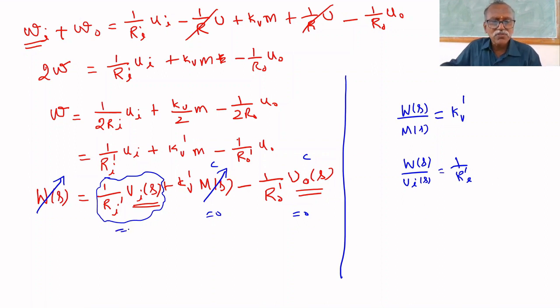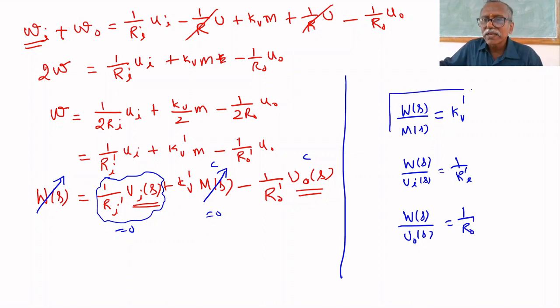Similarly, if you assume this also equal to 0 and this can be considered as changes, what you will get is W of S upon U naught of S equal to 1 by R naught dash. So this is the mathematical model. If you consider the manipulated variable M, this is the mathematical model of order 0.